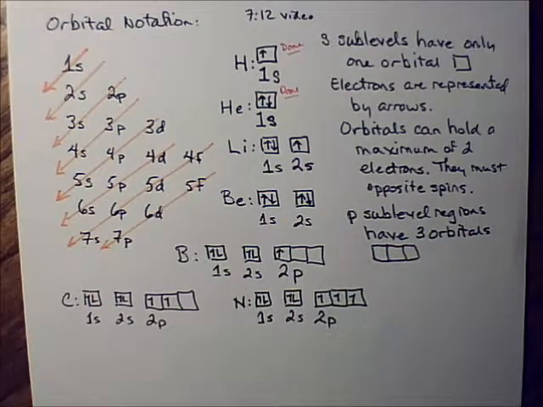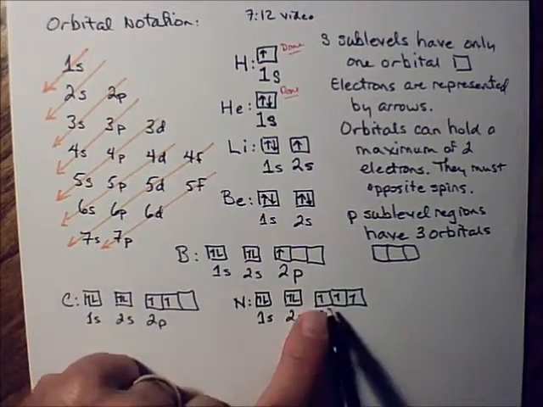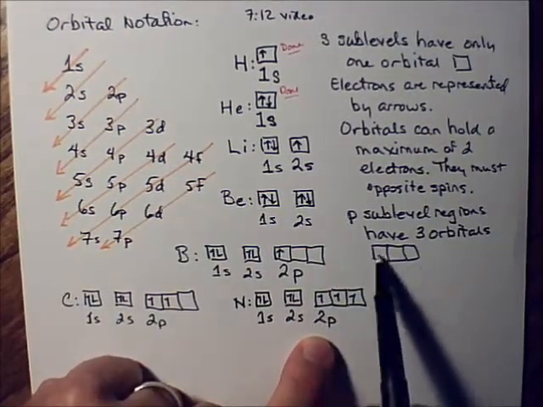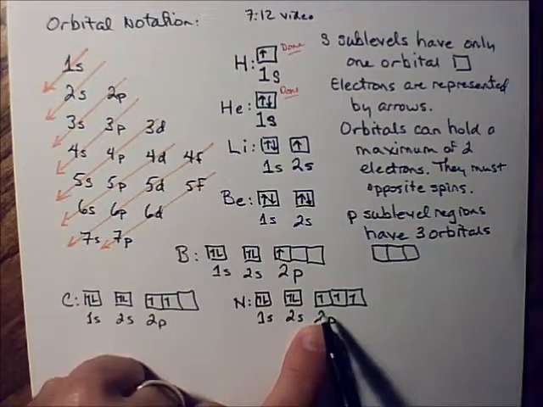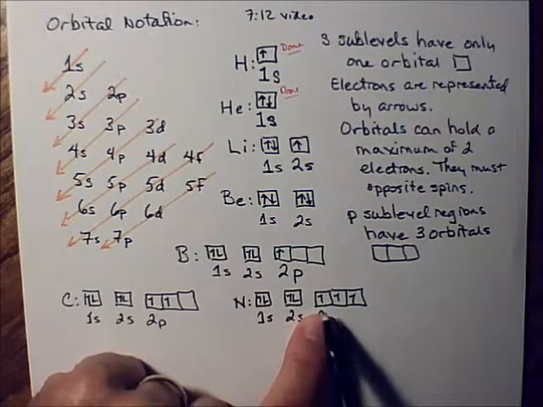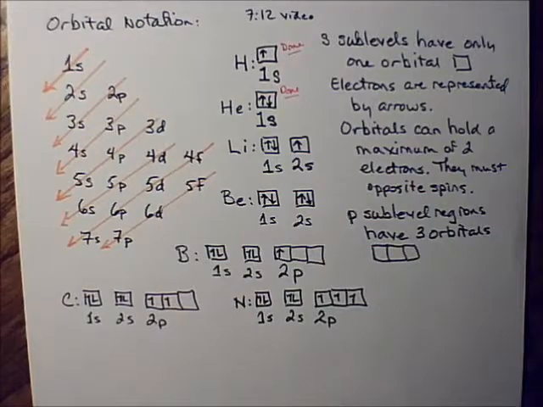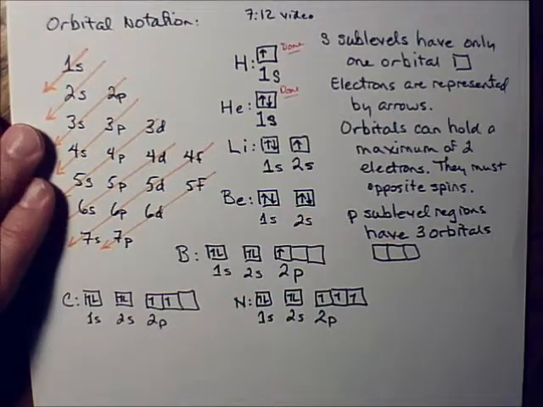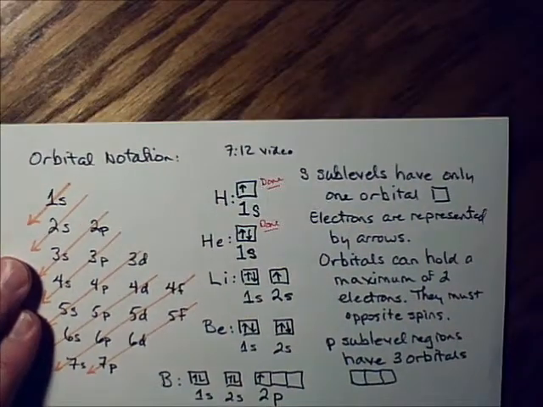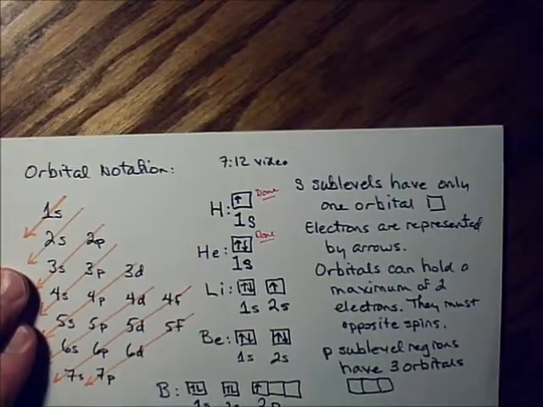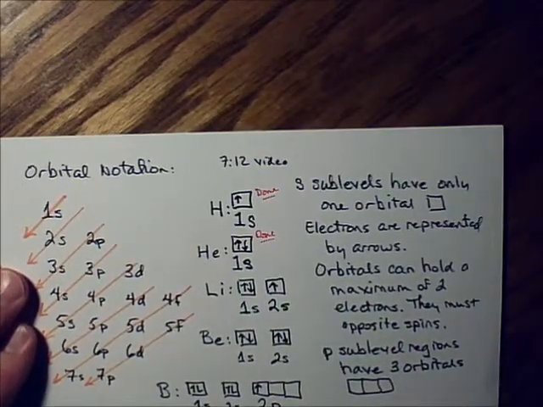If I have oxygen, which is the next element, where's the next electron going to go? Another box. You can't put another box in P. P only has 3 orbitals. The down arrow in the first box. Now you write oxygen. Try oxygen, please.